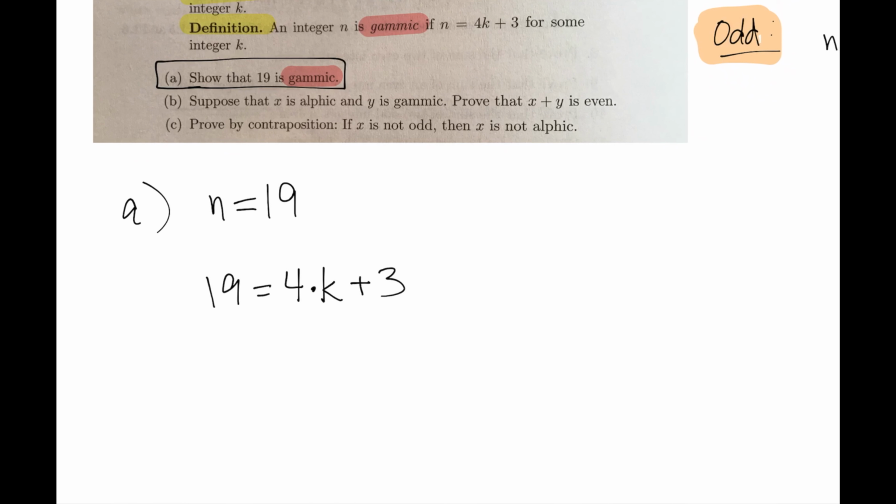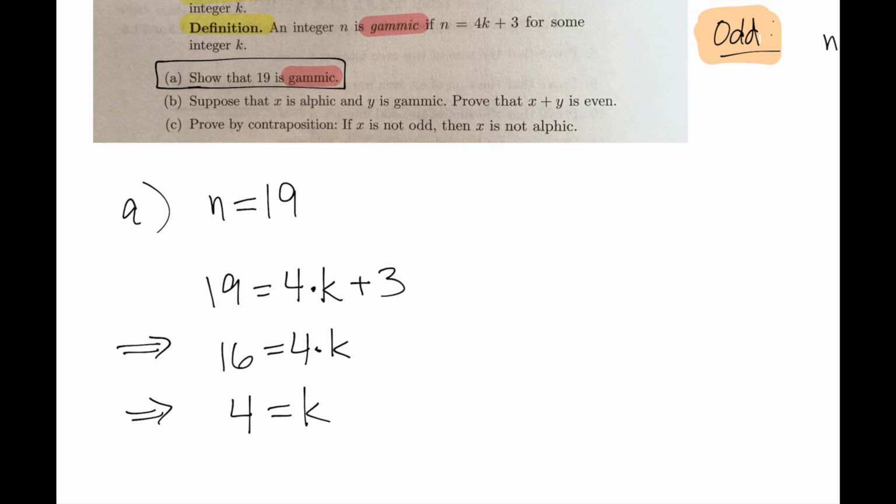So think about it, scratch your head. Just using some simple algebra, you can subtract 3 from both sides to get 16 equals 4 times k. Divide each side by 4 to get that 4 equals k.